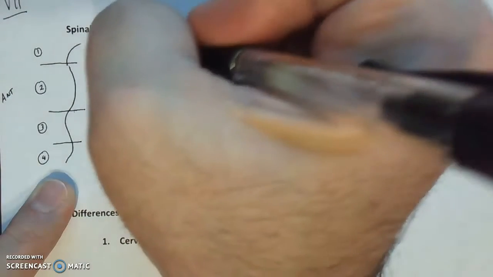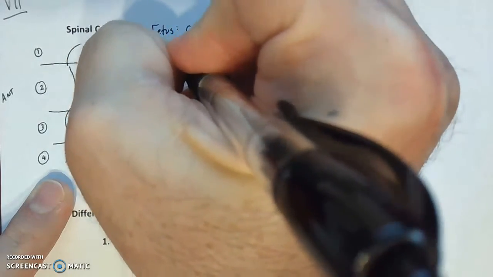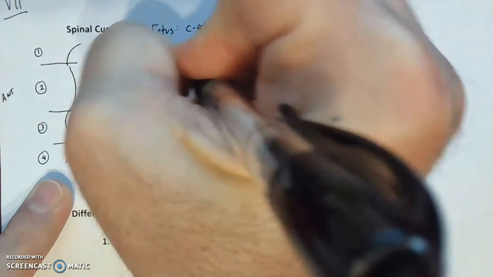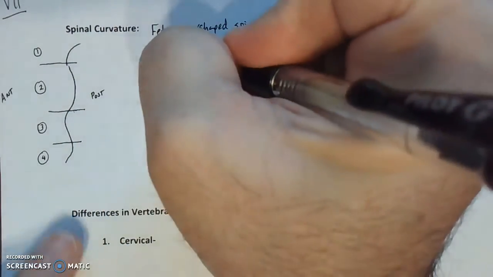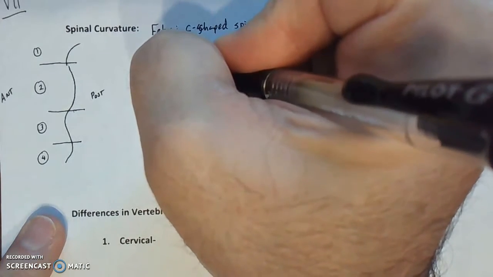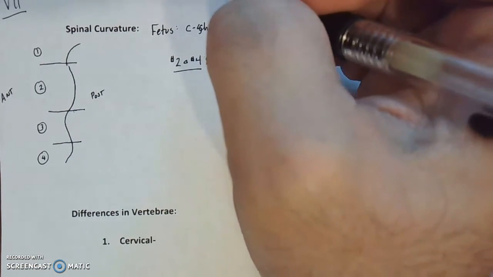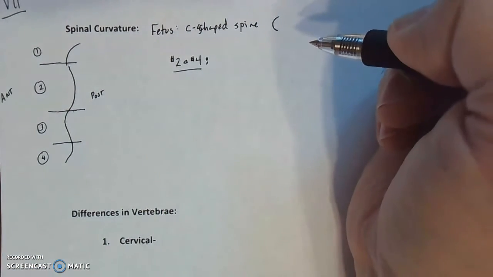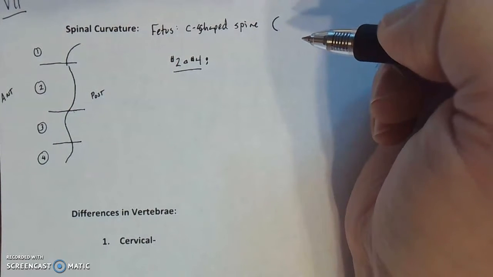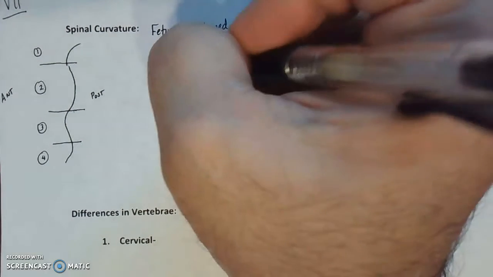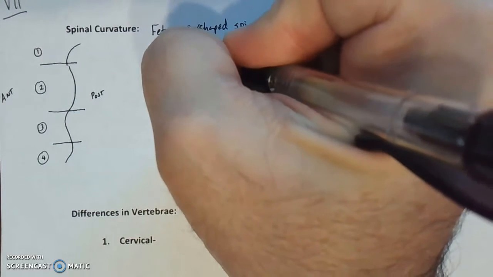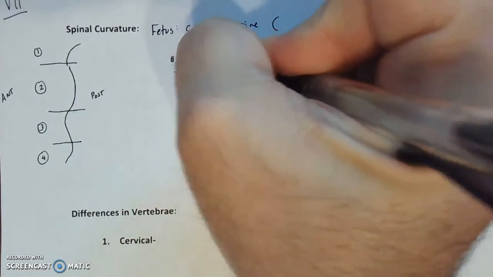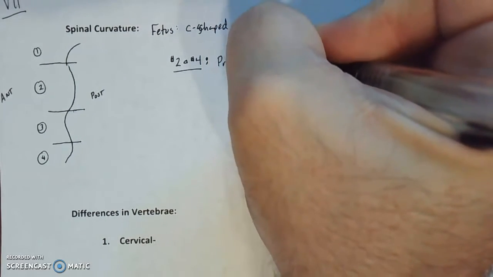So numbers 2 and 4, these are remnants of our C-shaped spine. And these are called primary curvatures.